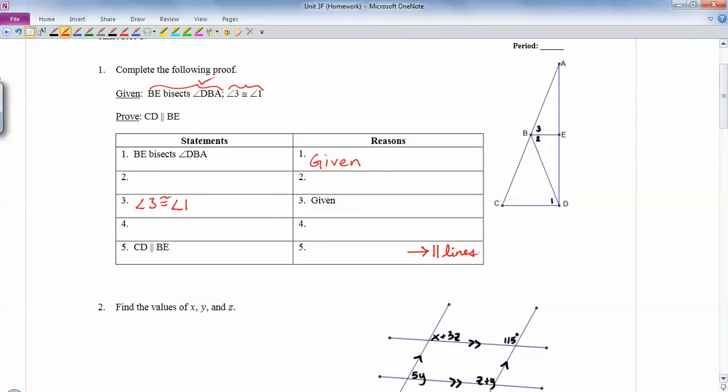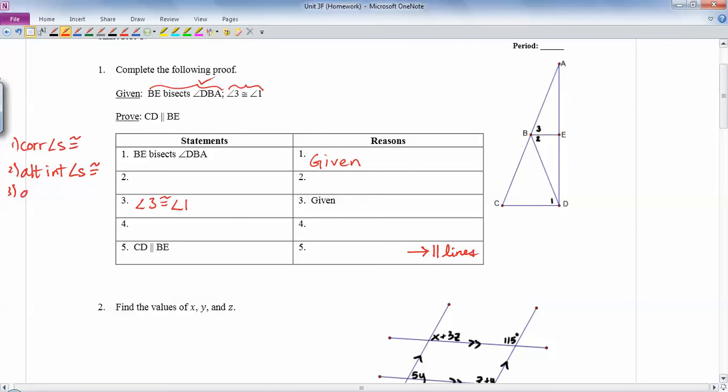So let's work our way through the proof. Now remember, the way to get parallel lines, we've got 5 ways. So we've got if corresponding angles are congruent. We've got if alternate interior angles are congruent. We've got if alternate exterior angles are congruent.